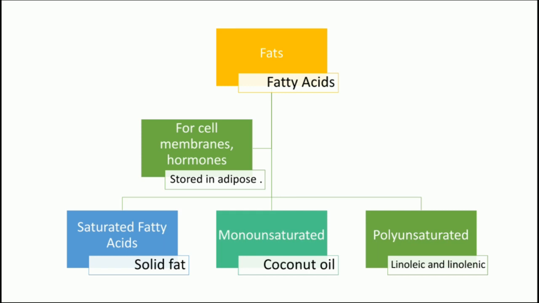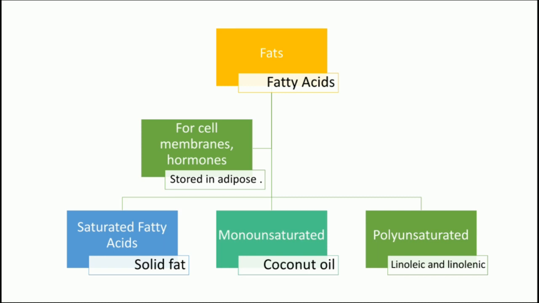So fats can be classified as saturated fatty acids, monounsaturated fatty acids, and polyunsaturated fatty acids. From our previous knowledge, we know that saturated fatty acids have single bonds, monounsaturated fatty acids have one double bond, and polyunsaturated fatty acids have multiple double bonds.